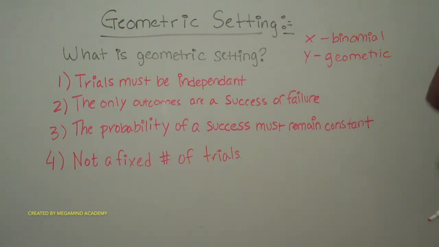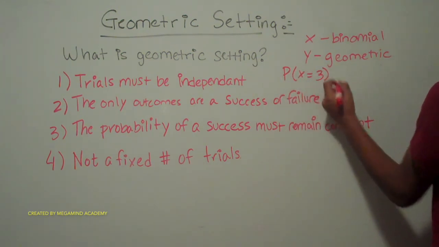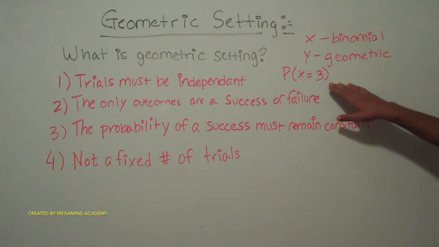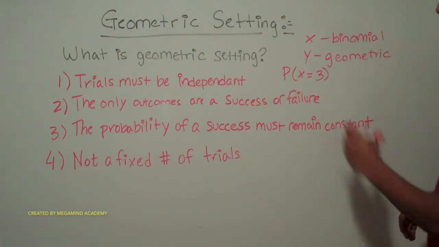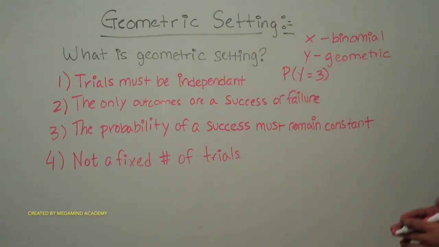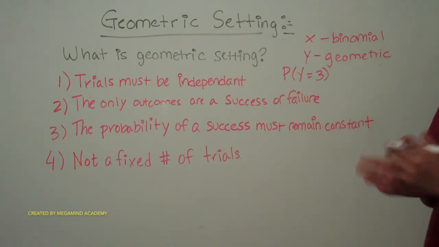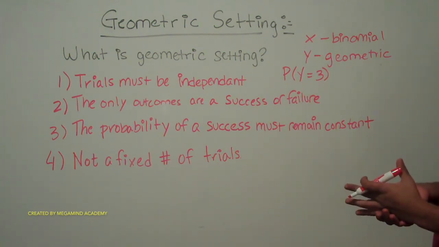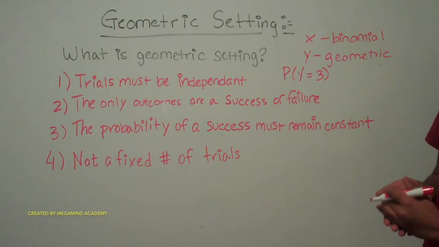So if you're saying that P of X equals 3, what this would mean is out of your certain number of trials, let's say 12 trials, you're trying to find the probability that 3 of them are successes. But let's say you say P of Y equals 3, then you're asking what is the probability that your first success occurs on the third trial? As you can see, because you're trying to find what trial number the first success happens on, there's not a fixed number of trials because you stop after you get your success, if we're doing it manually.